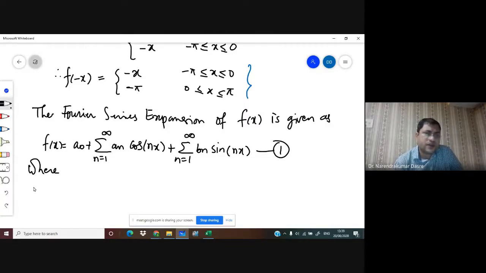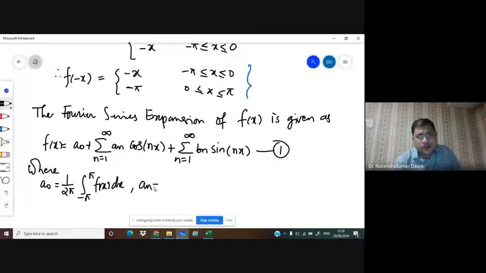So we have, where we got a0, please be careful for the formula. Here we have the limit minus pi to pi f of x dx.